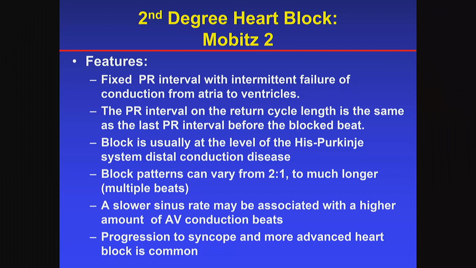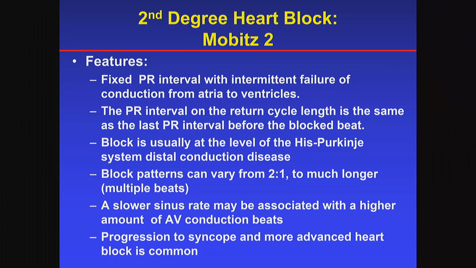Block patterns once again can vary from 2 to 1 or much longer. And because conduction in the intra and infrahisian conduction system is an all or none phenomenon, sometimes slowing of the sinus rate actually improves the ratio of AV conduction because more time is allotted for each beat to get through from the last beat.